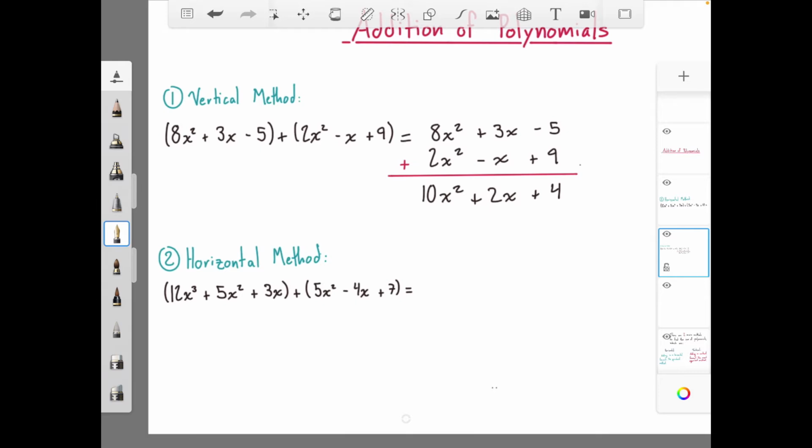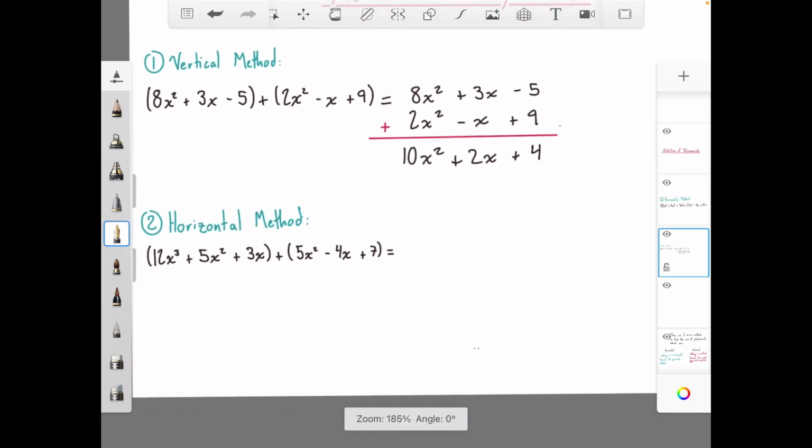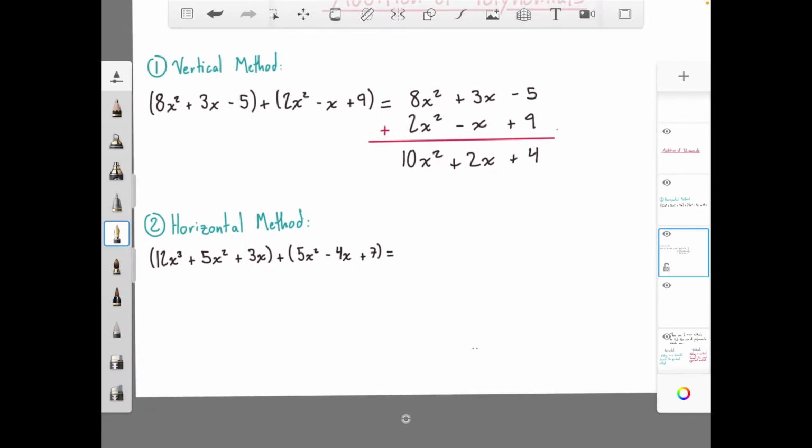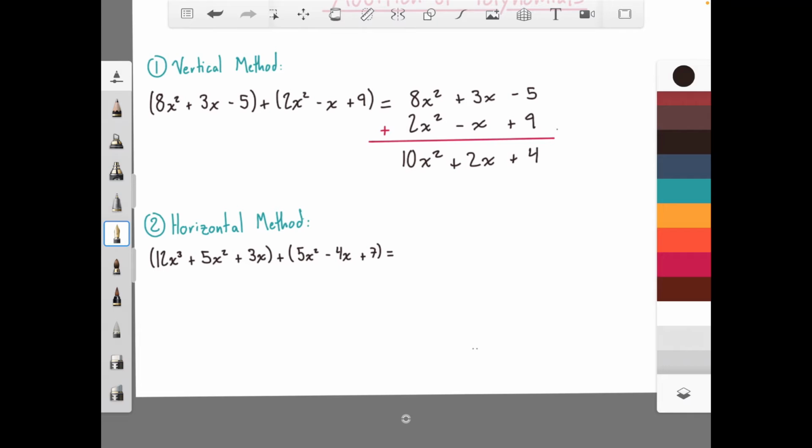Now for the horizontal method exercise, we have 12x to the third power plus 5x to the second power plus 3x being added to 5x to the second power plus 4x minus 7. So we are going to begin by finding our like terms.